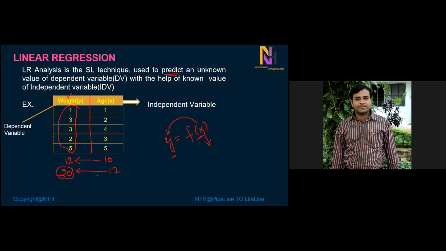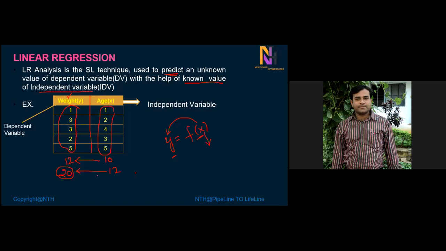So it helps to predict from a known value of an independent variable. If we know these values, we will be able to predict an unknown value of weight. That is where linear regression is applicable.